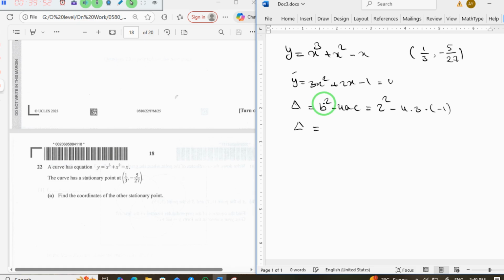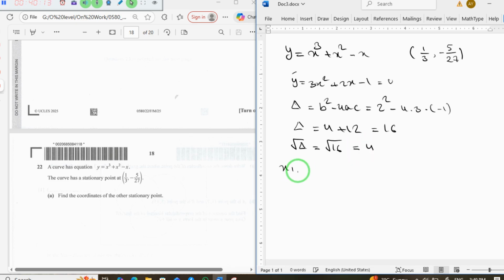So delta is 2 squared, 4, plus 4 times 3, 12, equal to 16. The square root of delta is 4.